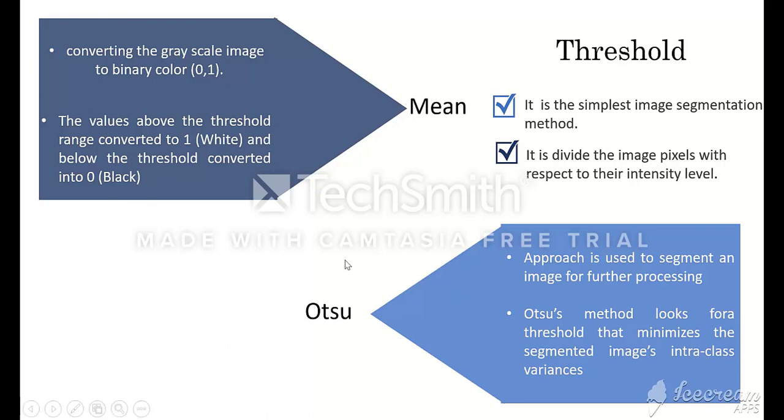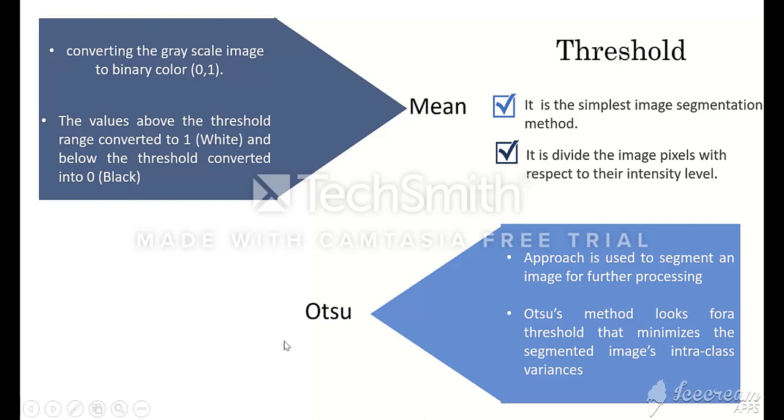We will explain two methods, mean and Otsu, as threshold techniques. Mean is used for converting the grayscale image to binary color, 0 and 1. The values above the threshold are converted to 1, white color, and below the threshold converted into 0, black color. This is the simplest method and there is no need for previous information.